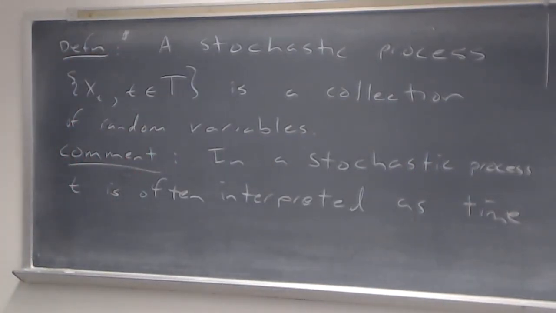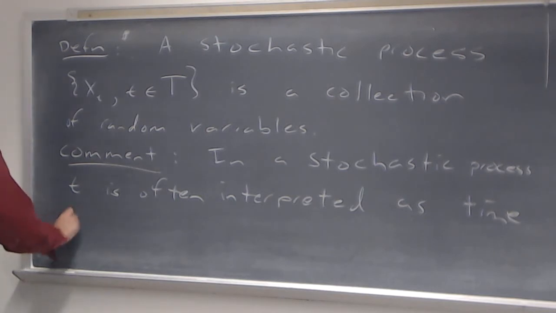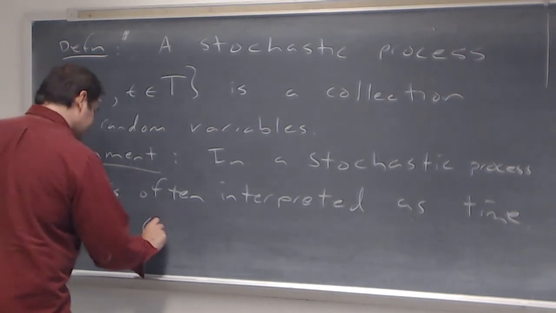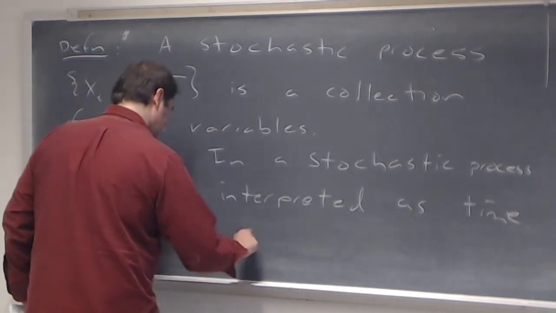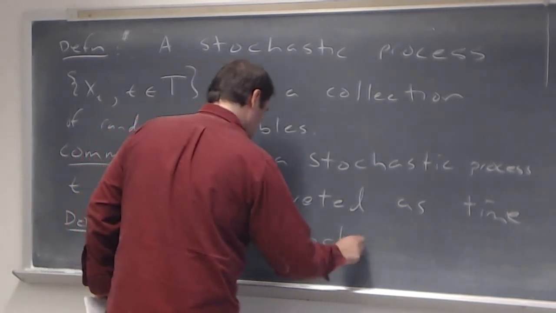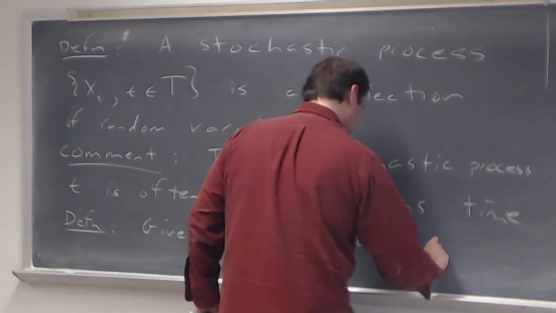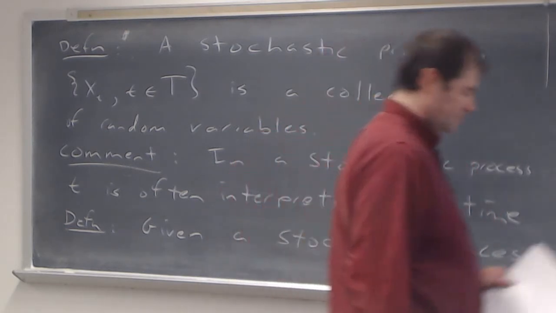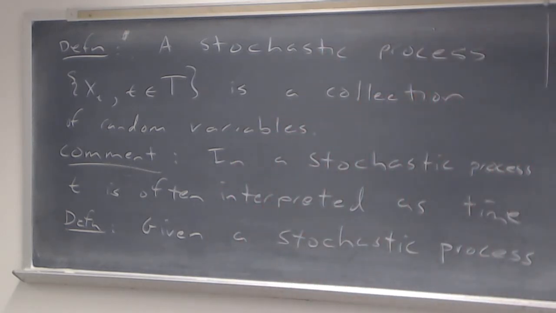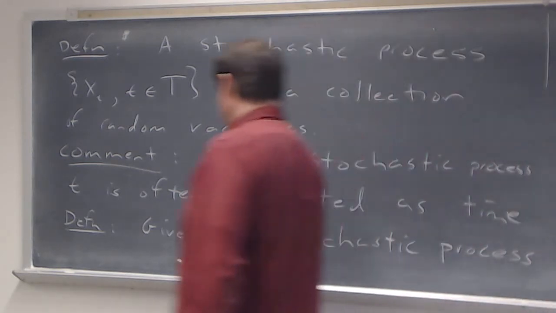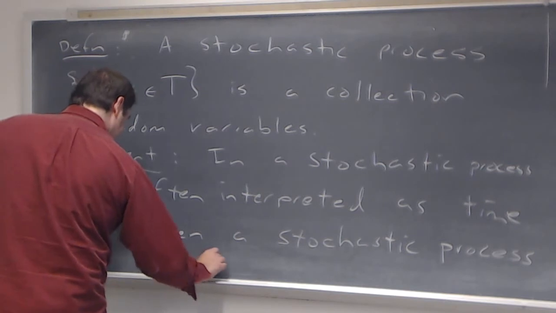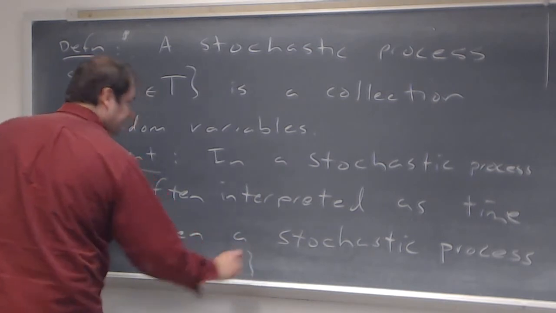Now I want to list several definitions, and they're all prefaced on, given a stochastic process, and let's label that stochastic process X of t, with t being an element of an indexing set.